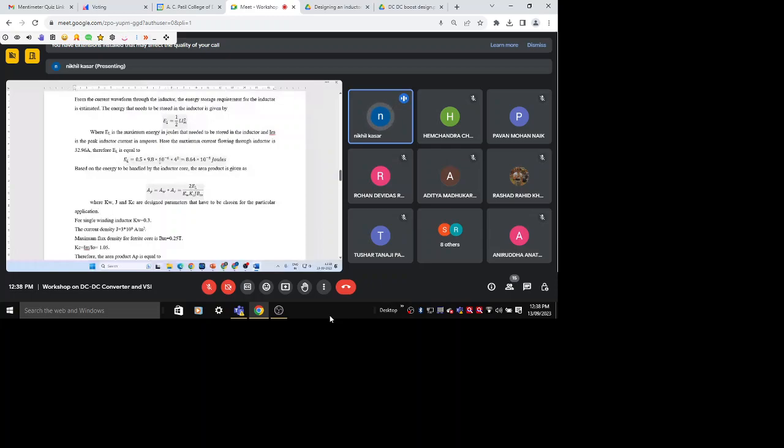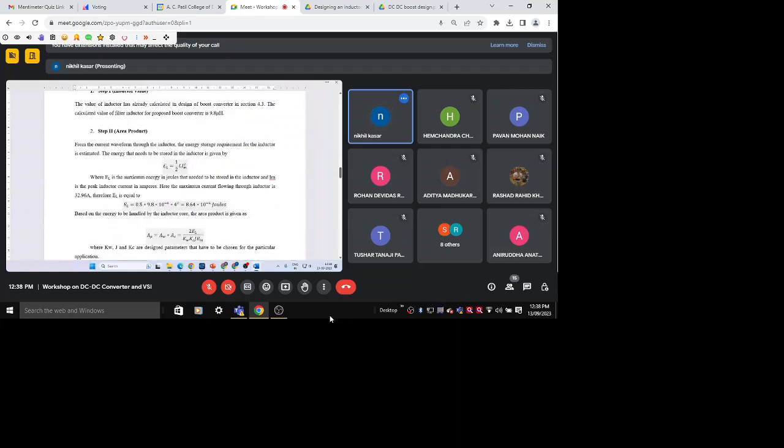EL is nothing but our very popular formula, the formula of L multiplied by the square of the value of current, half L I squared.